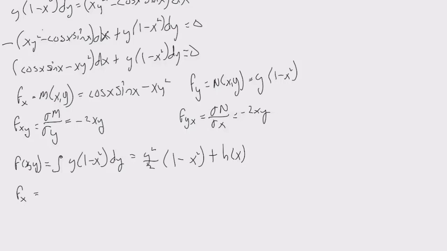Bring down, so negative 2x divided by 2. So I should get something like negative xy squared plus h prime of x. Okay, and then I'm going to do a little bit of highlighting here. So that statement should be equivalent to this statement. So that should give me a clue as to what h prime of x looks like.